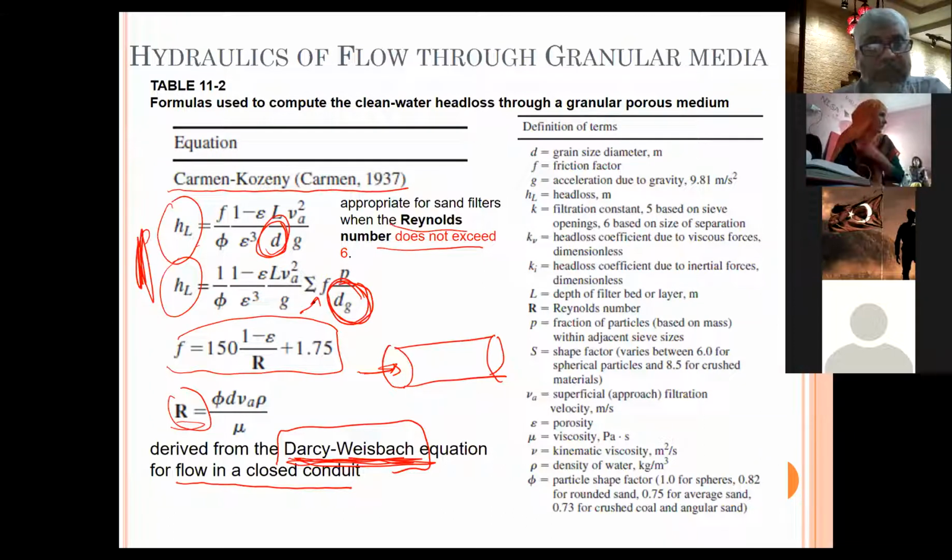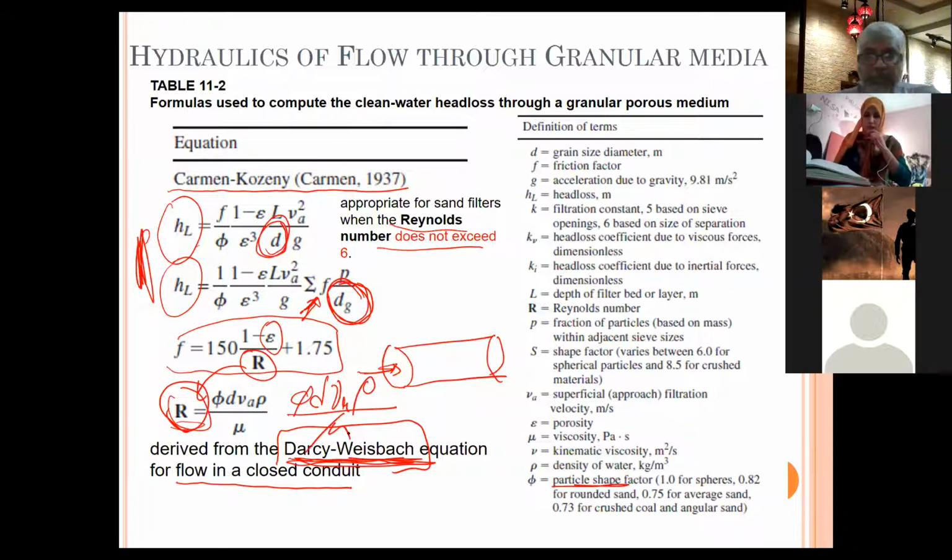In this case, we have to use the friction factor, which is based on porosity and Reynolds number, and we can find the Reynolds number using this equation, which includes the particle shape factor, diameter of particle, filtration velocity or filtration rate, density, and viscosity.